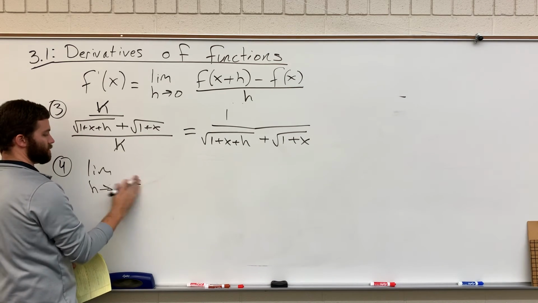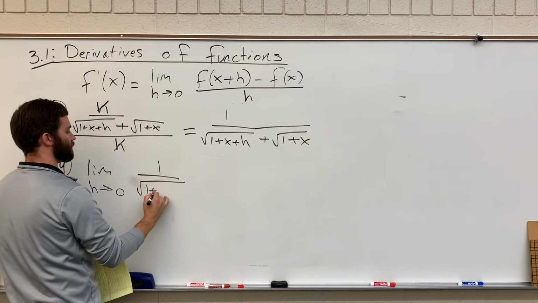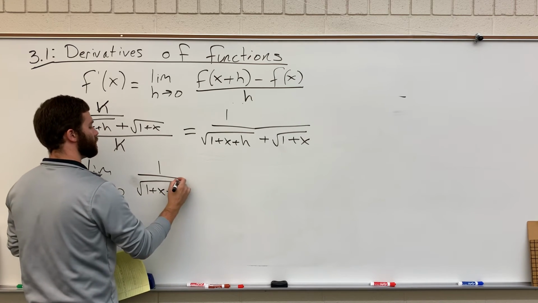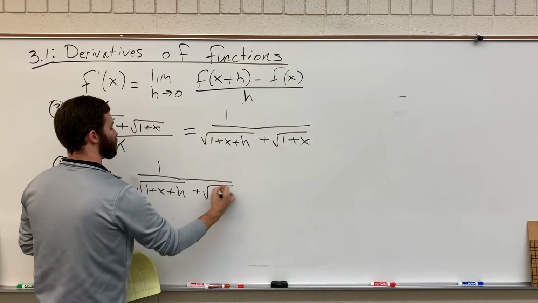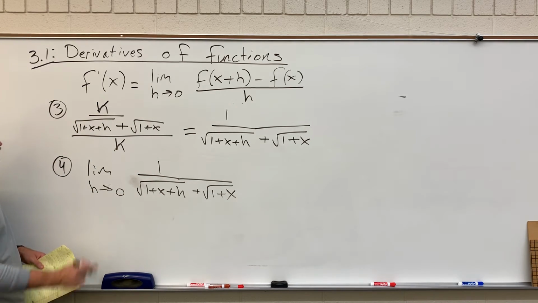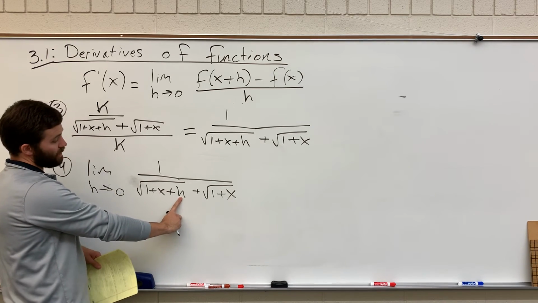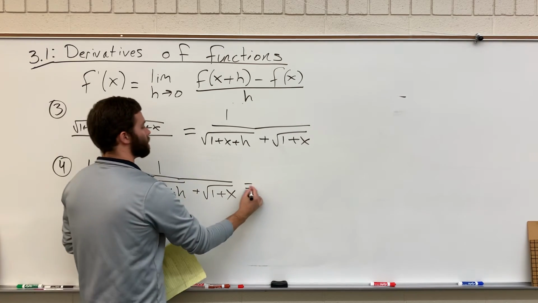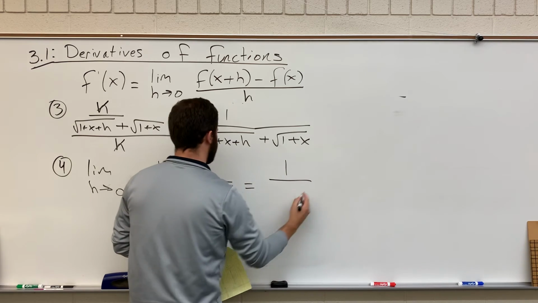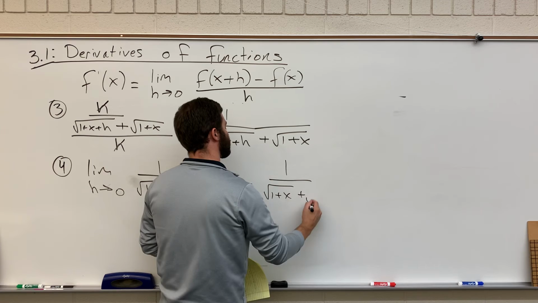So I had to put this, 1 over the square root of 1 plus x plus h plus the square root of 1 plus x. Okay, and now I can actually take the limit. So what do I get? Well, I plug in 0 right here for h, and that will just end up being this expression, 1 over the square root of 1 plus x plus the square root of 1 plus x.